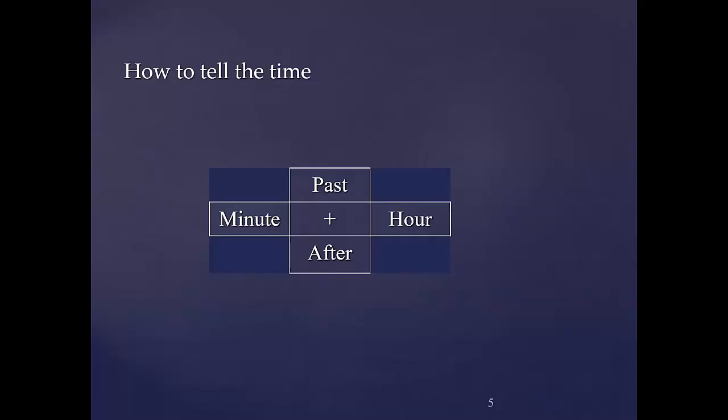It's half an hour after 8 o'clock, so that means it's 8:30. Okay, you guys? So if I say the time is maybe 7:10, what do you guys think I should say? That's correct. I'm going to say it's 10 past 7, or 10 after 7. Okay, you guys? This is how we do it.